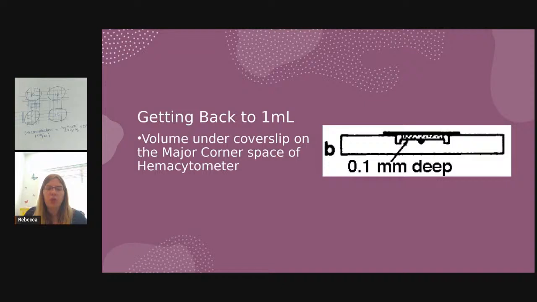So we happen to know that the volume that fits under the cover slip is 0.0001 milliliters, which is 10 to the negative fourth milliliters.